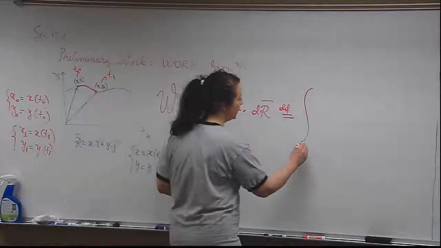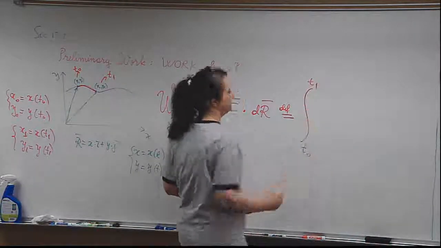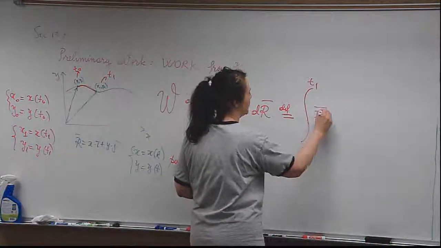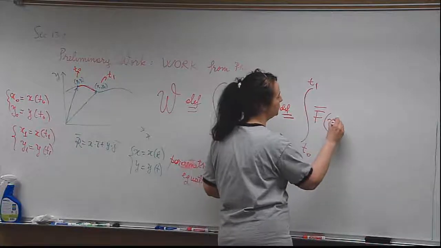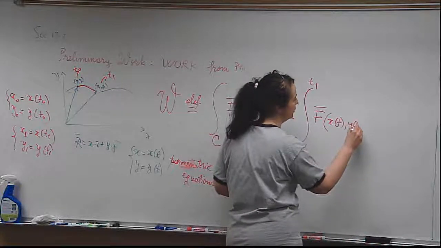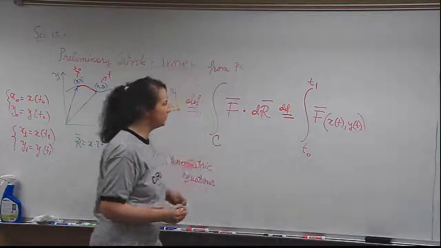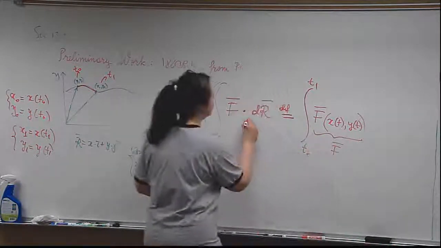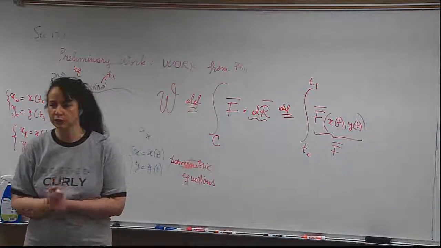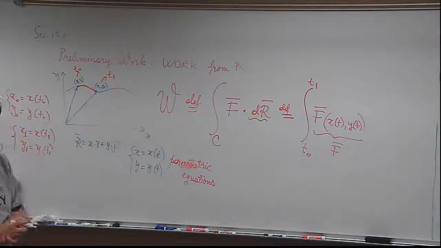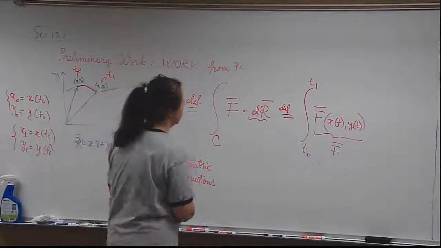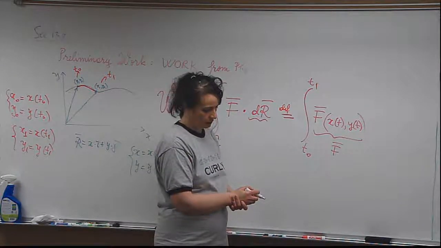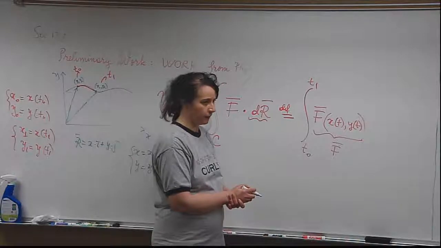So between t0 and t1, I have traveled, and I have, if we measure at x of t, y of t, where t is moving between t0 and t1, I'm done with the F part. What is the dr? Now you guys know about differentials. Thank God you know about differentials, because this is going to help you very much.